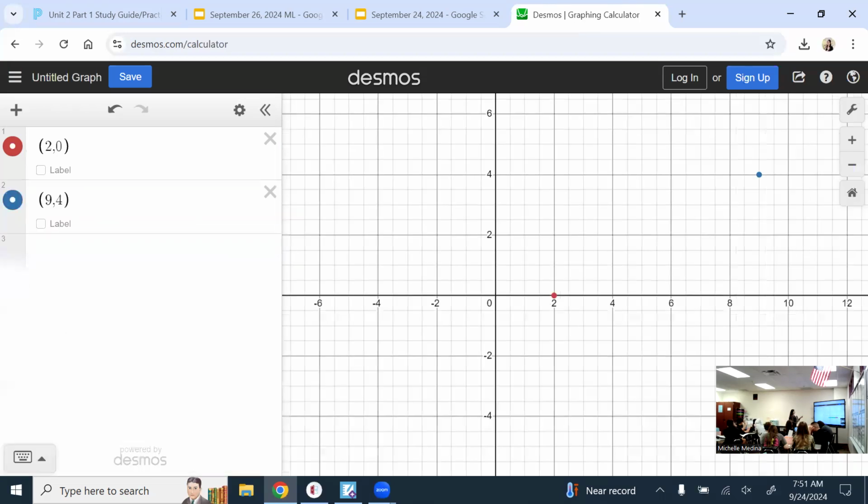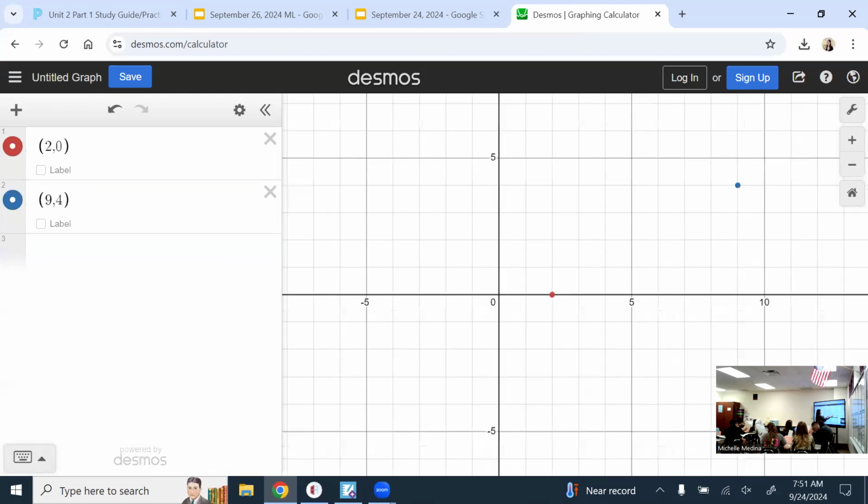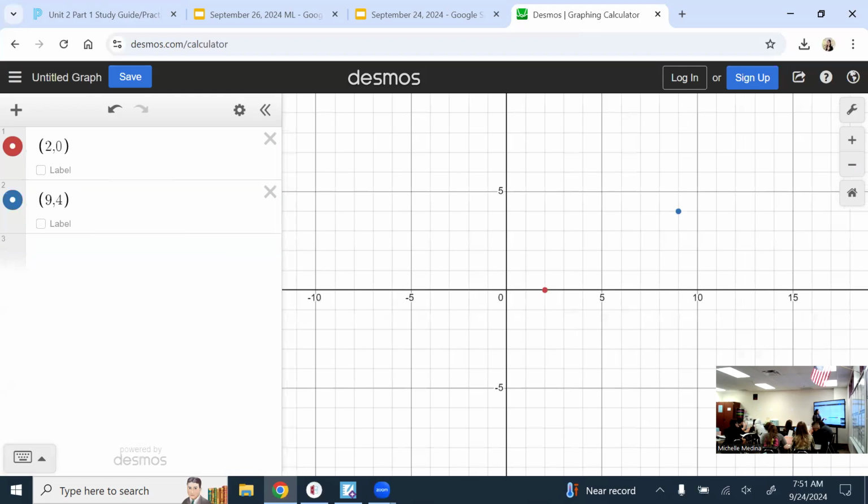All right, so really I could do it just from those 2 and count my rise over run. Notice that the way Desmos is oriented right now, the tick marks are kind of tricky. It's going up by 0.5, so you might want to adjust to where they're going up or down by 1. Then I'm counting my rise to go from here to here. I'm going up 1, 2, 3, 4.